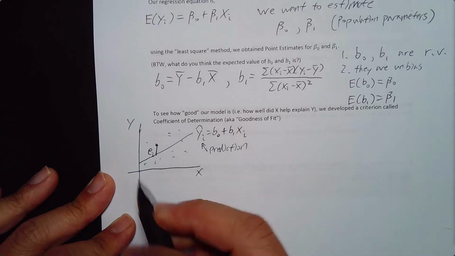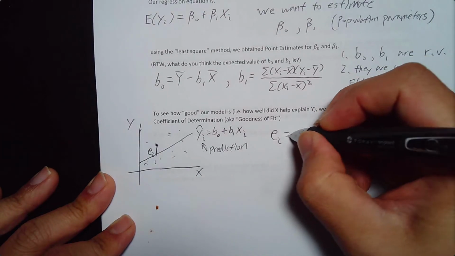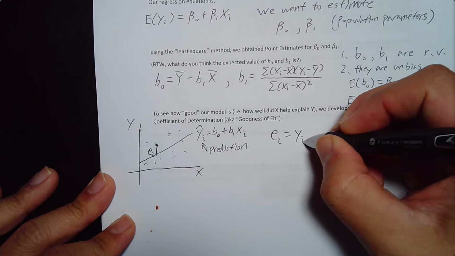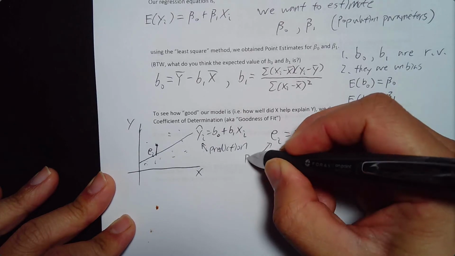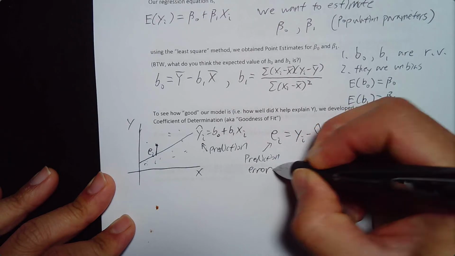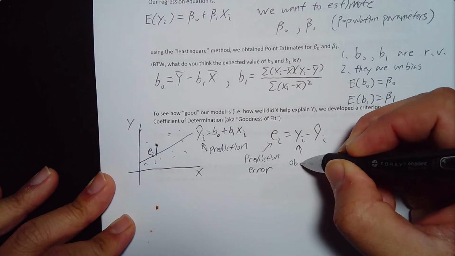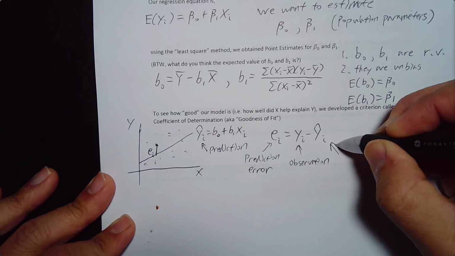So let's gather those up, and that will be our criterion. So our ei is simply yi minus y hat i. Our prediction error equals our observation minus the predicted value.